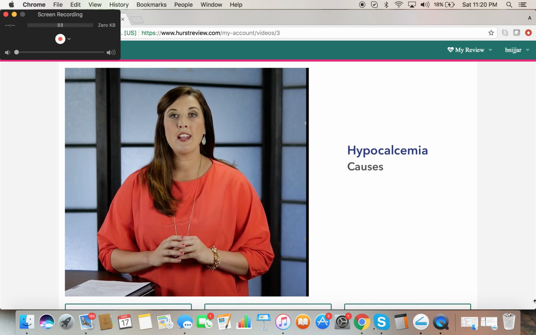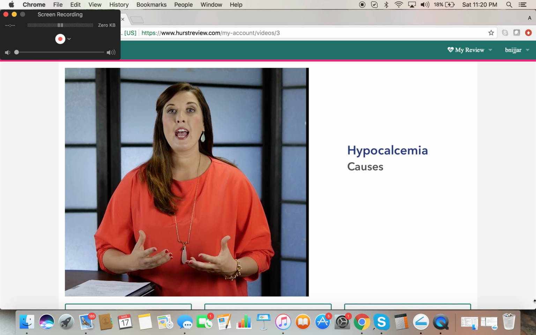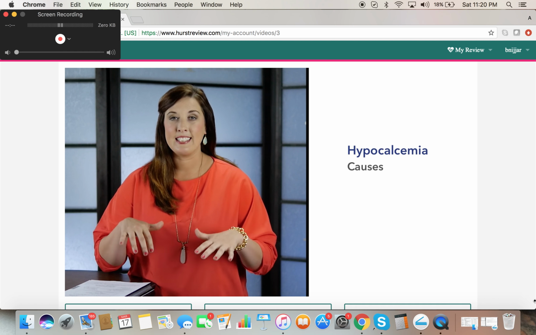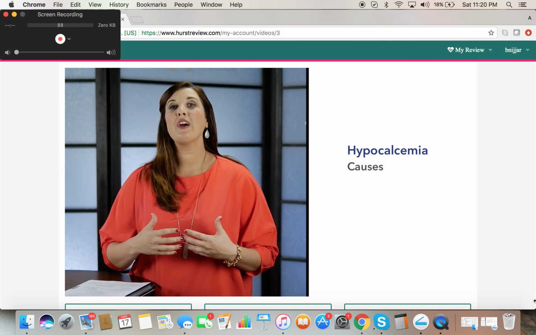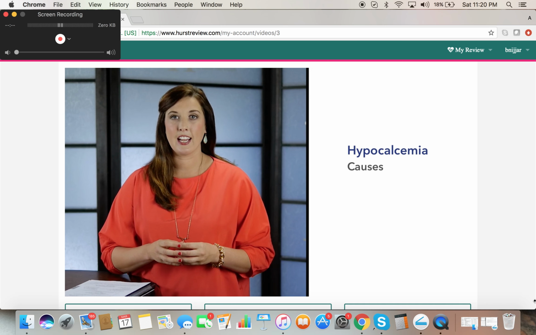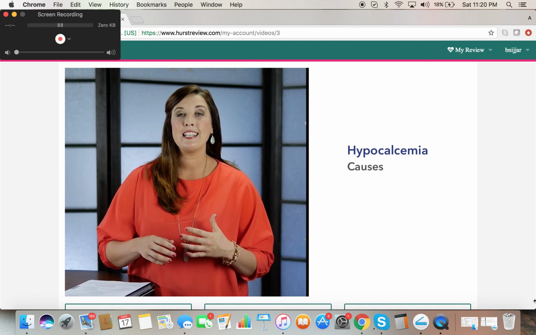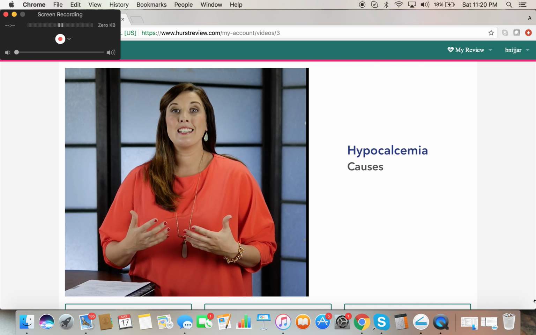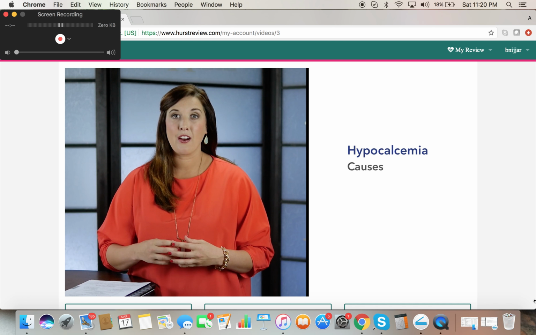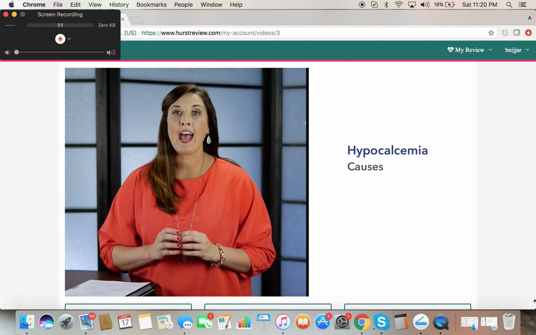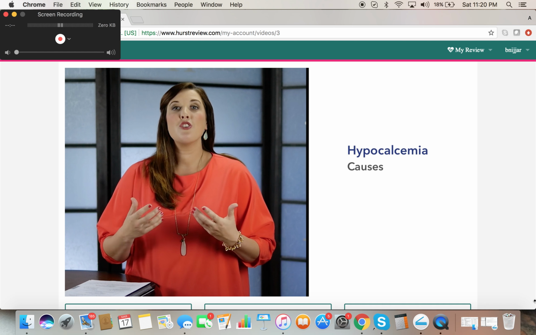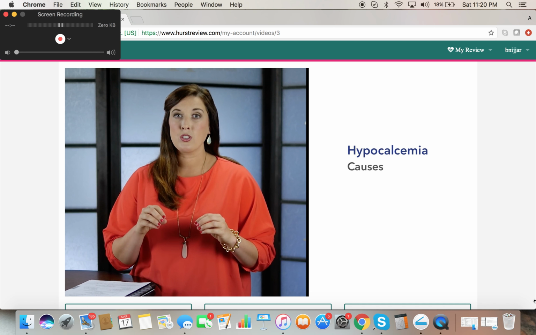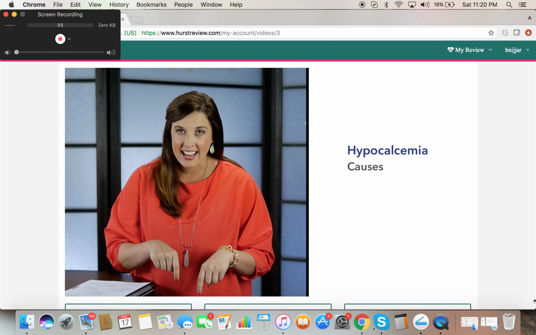If we do not have enough PTH, the serum calcium will go down. With a thyroidectomy or radical neck dissection, the physician can accidentally take out a couple of your parathyroids. Then you're not going to be making as much PTH, so naturally your serum calcium levels are going to go down.